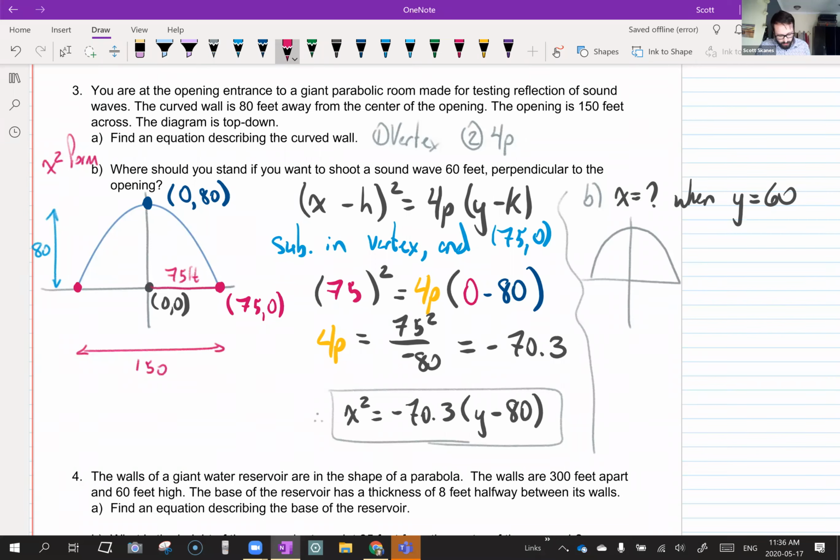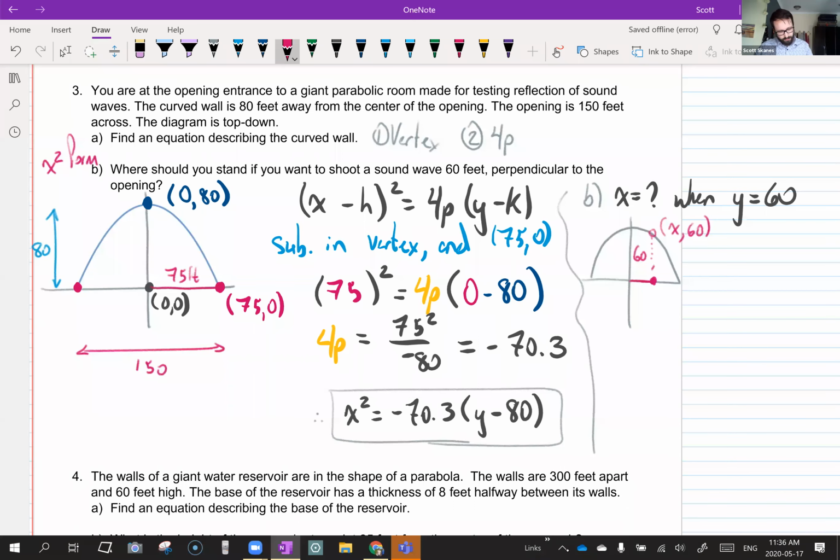I want to know how far I need to stand over here for this distance to be 60. So I'm looking for this. I know that this is some x value, but the distance is going to be 60 feet. So basically, where do I need to shoot a sound wave so it reflects off 60 feet away? Because this room is about testing sound waves.